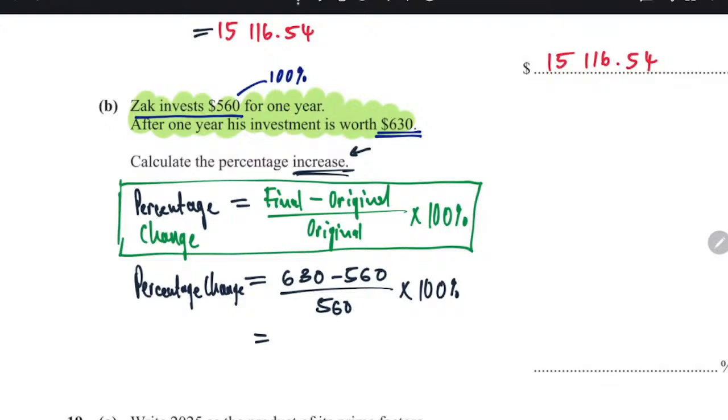Do it step by step. Say 630 minus 560 is equal to, then say divided by 560 is equal to, then say times 100. What do you get? 12.5%. So this is now the percentage increase, 12.5%. Because it's positive, it's a percentage increase.